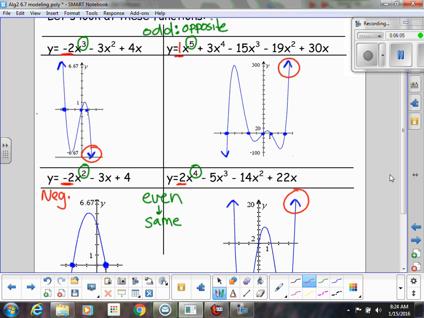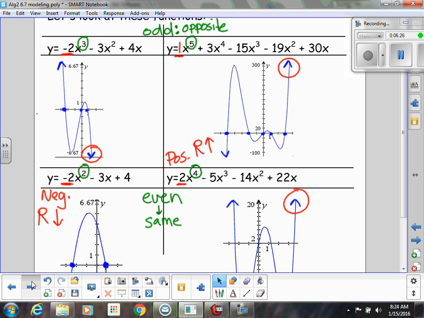And so when the lead coefficient is negative, then our right end behavior, our right arrow, is going to be pointing down. But over here, our lead coefficient is positive, and when the lead coefficient is positive, then the right arrow is going to be pointing up. So let's write all of that in our summary.